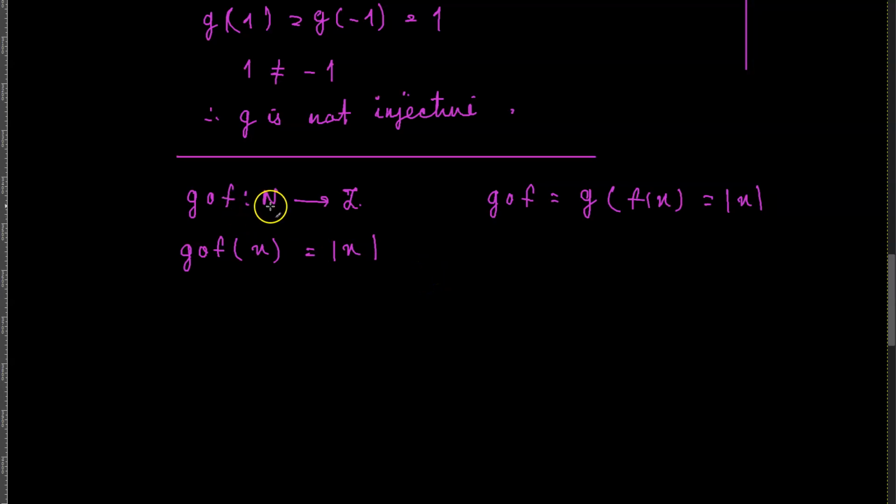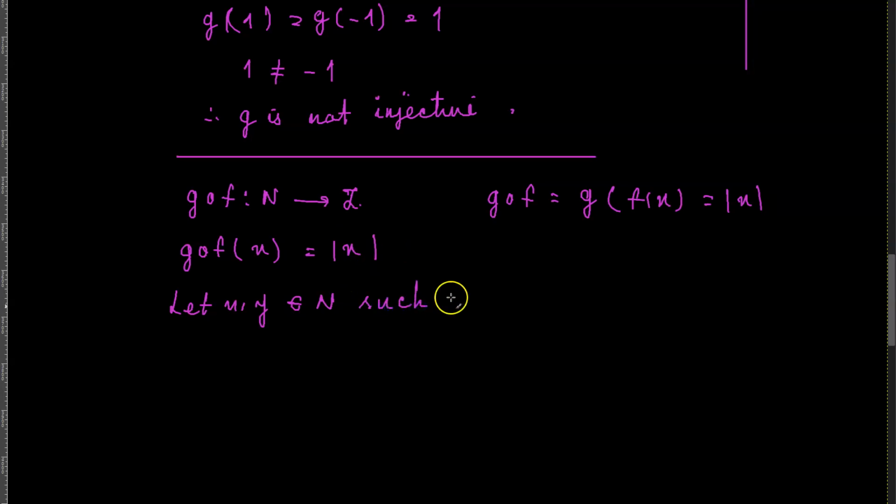Now the domain of this function is the set of natural numbers, and of course you can argue that, for example, let x and y belong to N such that g of f of x is equal to g of f of y.